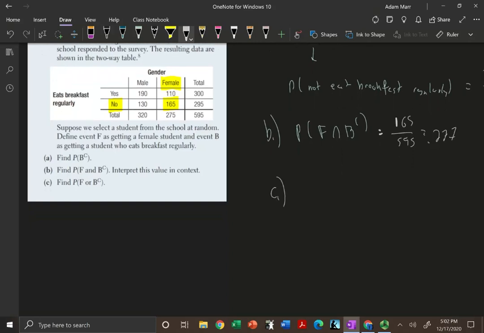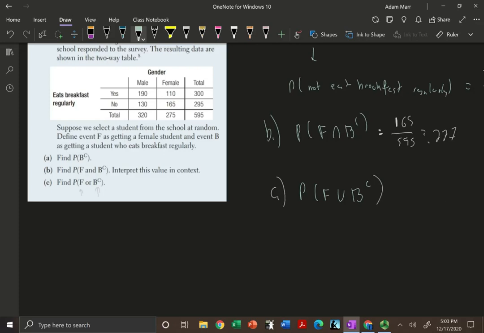F or B complement. All right, so wait a second right here. It looks like this is non-mutually exclusive because there are people that are female and do not eat breakfast at the same time. So that means it's not mutually exclusive, right? So probability of F or breakfast complement. Let's see here.